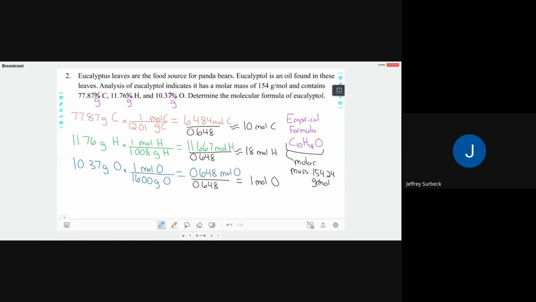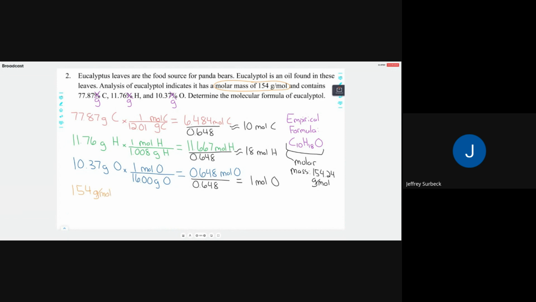Okay. Now, to find out the molecular formula, we have to take the found molar mass that is given in our problem, which I just circled there in orange, and divide it by the molar mass that we just found from our empirical formula. So I'm going to say, okay, in orange, from the problem, we have 154 grams per mole.